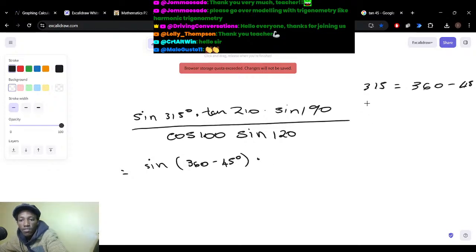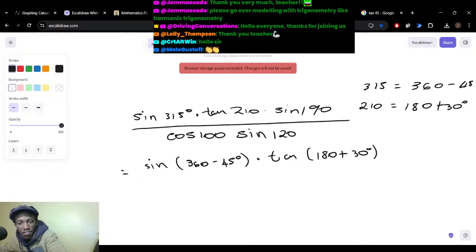Then we know that 210 equals 180 plus 30 degrees.